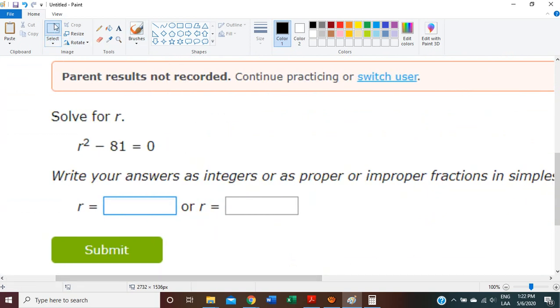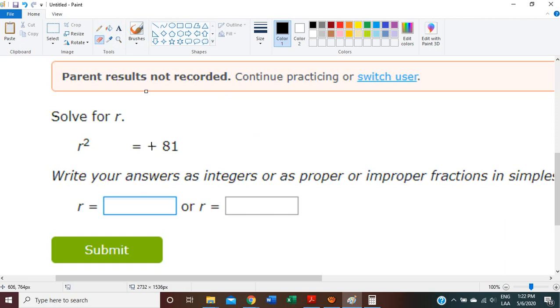Now that we have this, remember, this 81 is the one that is making a little bit of noise right here. So it needs to go to the other part of the equation. But remember, if it was subtracting, now it has to be adding, in other words, it is going to be positive.